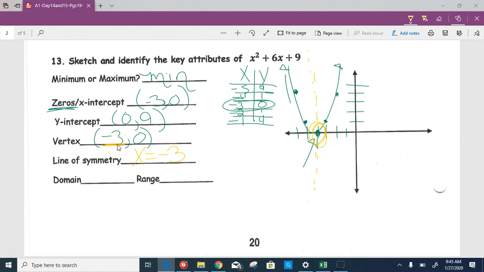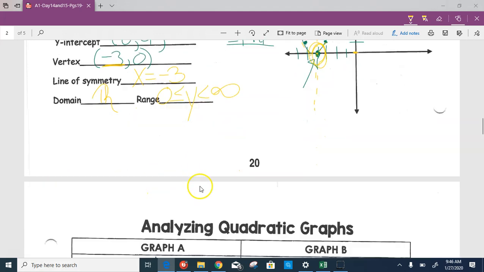Our domain is all real numbers. This graph goes forever left and right. Our range has a minimum value. It comes down, it hits 0 on the y-axis before it goes back up again. So 0 is the lowest point, and then it goes back up to positive infinity. Remember, with infinities, you don't have an equal sign because you can never reach infinity properly.